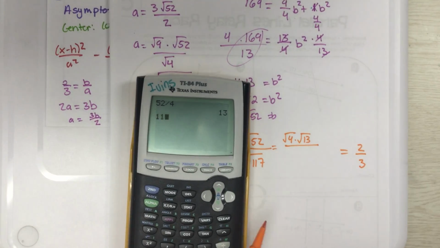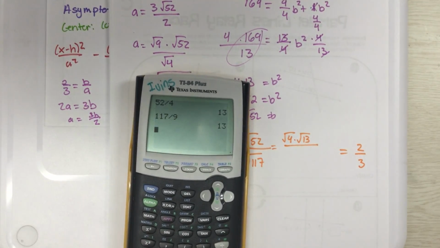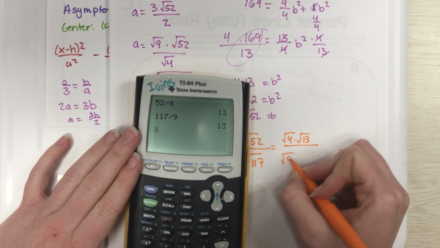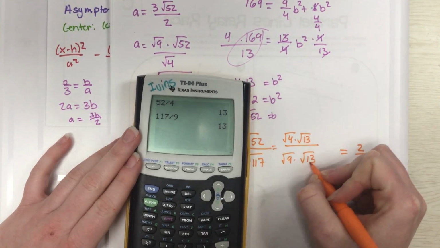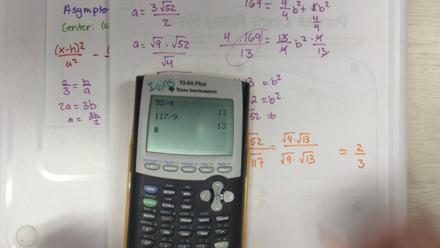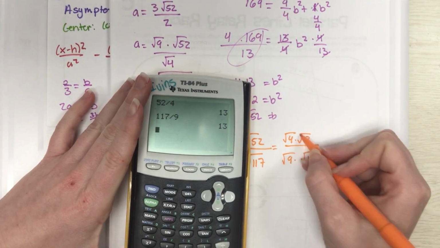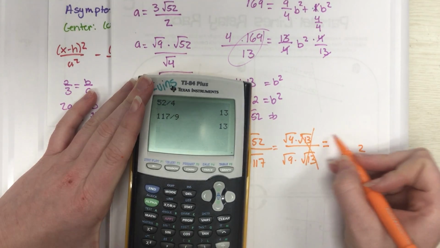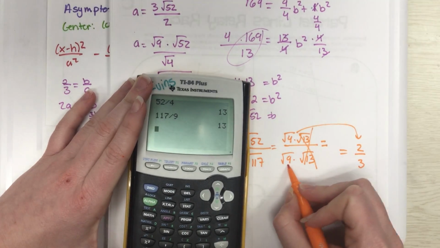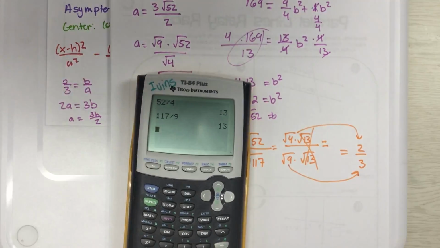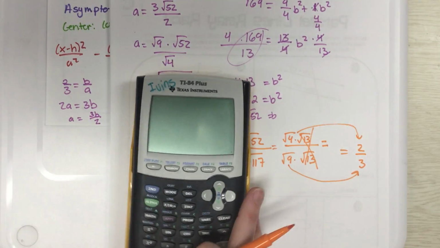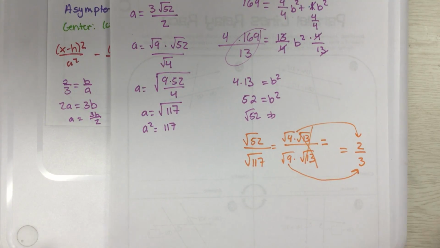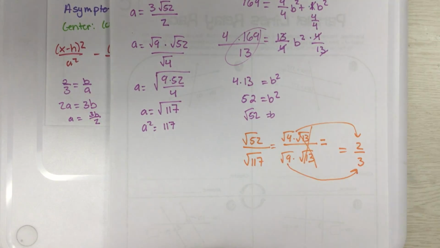And 117 is, I believe, divisible by 9, 13 times. And if you're noticing something really quick, I have a square root 13 over square root 13, and that goes away. And guess what the square root of 4 is? 2. And guess what the square root of 9 is? 3. So we did do it correctly. Our radicals do simplify. And so we are correct in saying b squared is 52, a squared is 117.